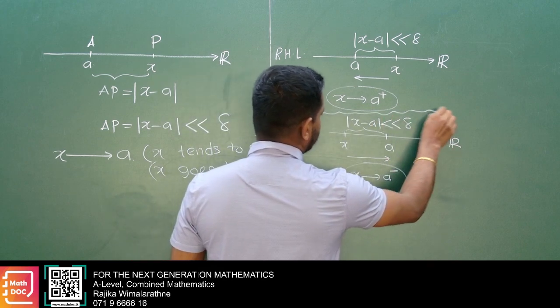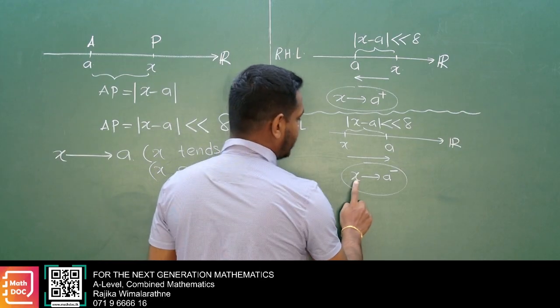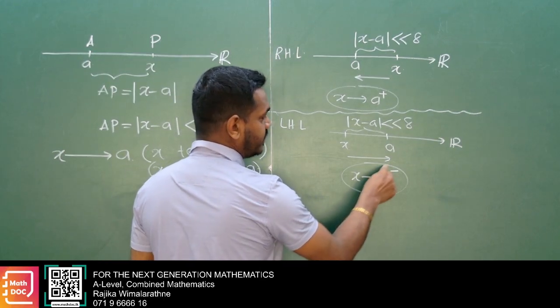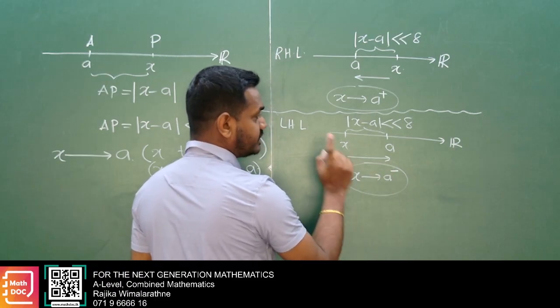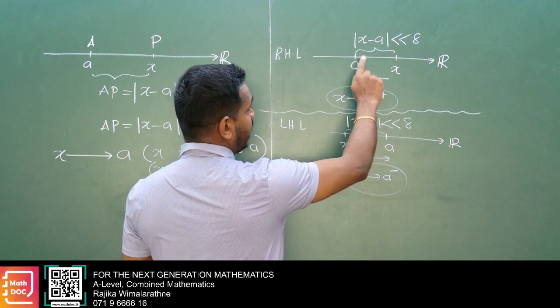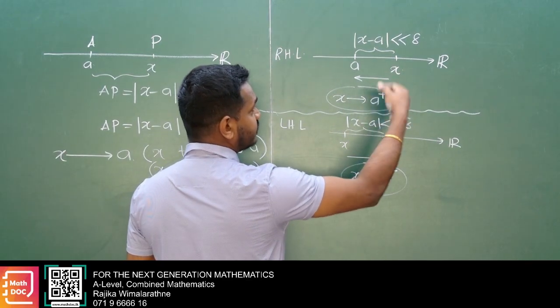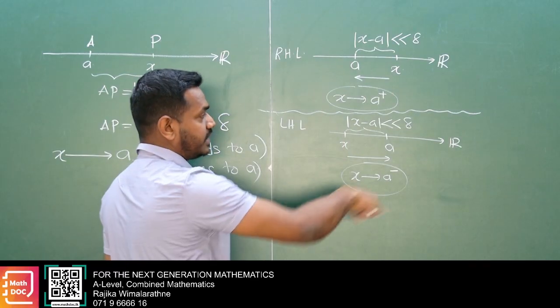These are the notations of left hand and right hand limit. So x arrow a minus means x varies from the left hand side of a, and a plus means it varies from the right hand side of a. That's the small thing.